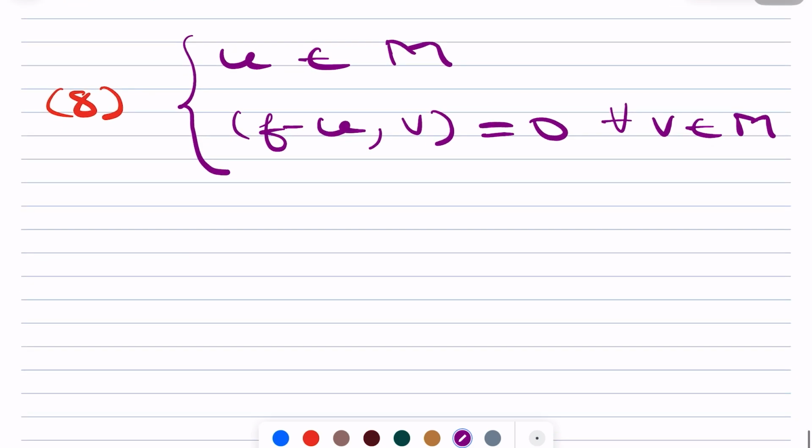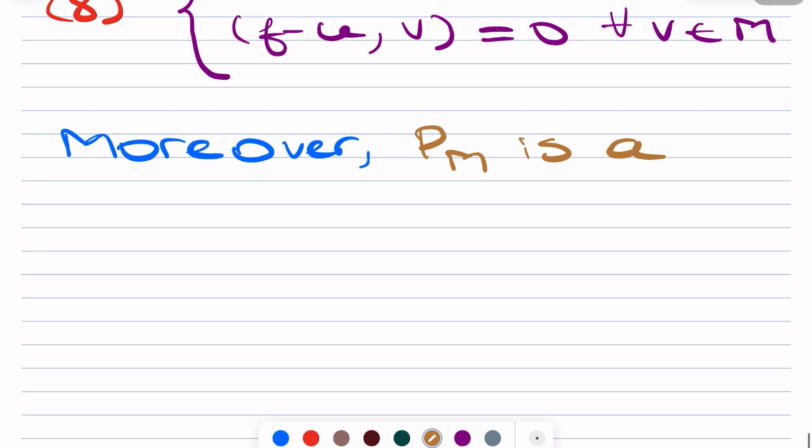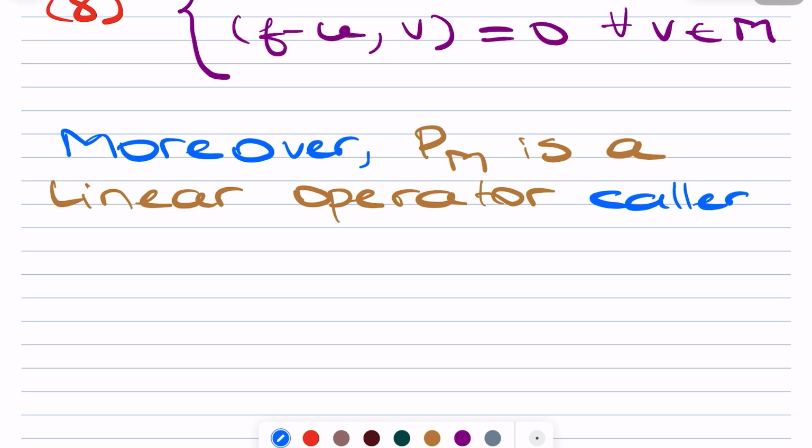Moreover, P_M is a linear operator, and the projection onto the closed linear subspace is a linear operator that we call the orthogonal projection.